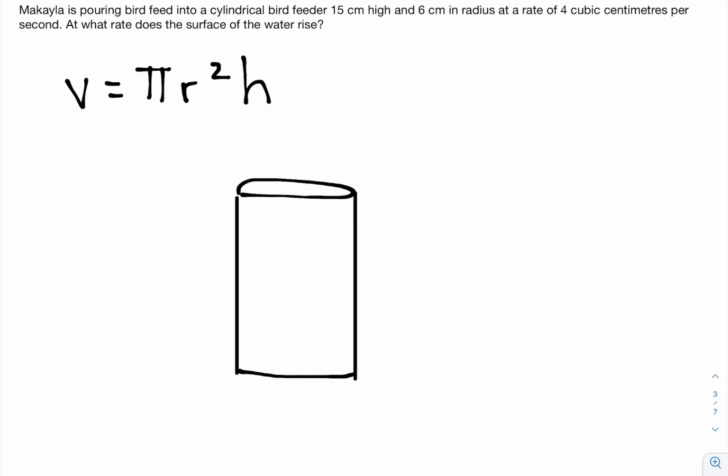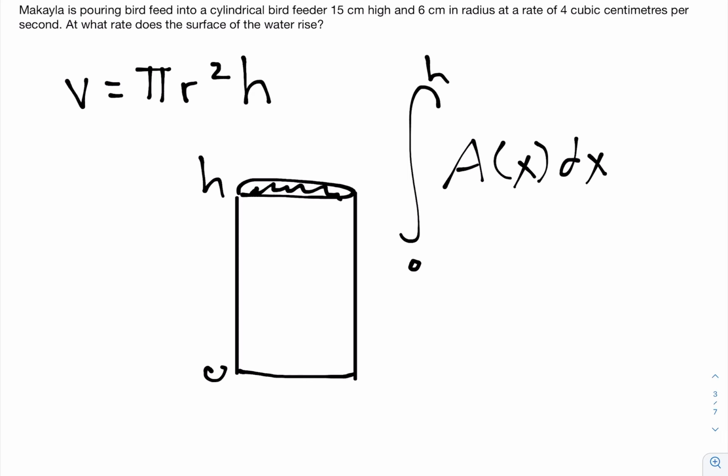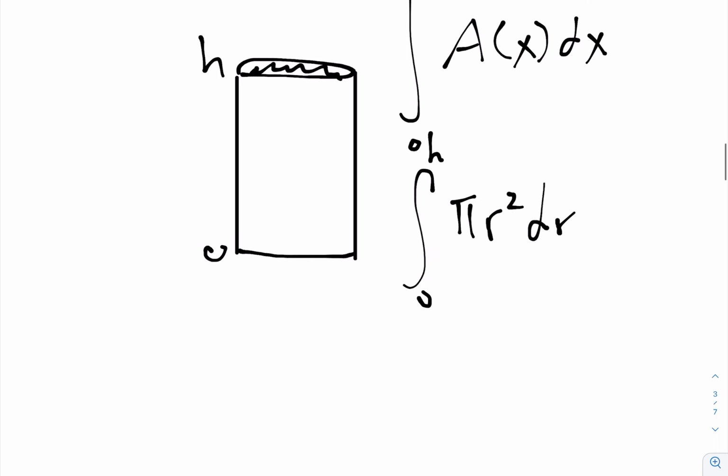But if you were to integrate this, like if this was your height from 0 to h, if you integrated from 0 to h the area of the circle, A(x) dx, this would be the integral from 0 to h of pi r squared, and I guess we could just call it dr. This would be h pi r squared minus 0 times pi r squared.